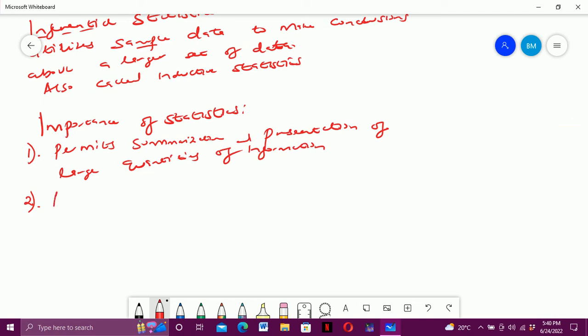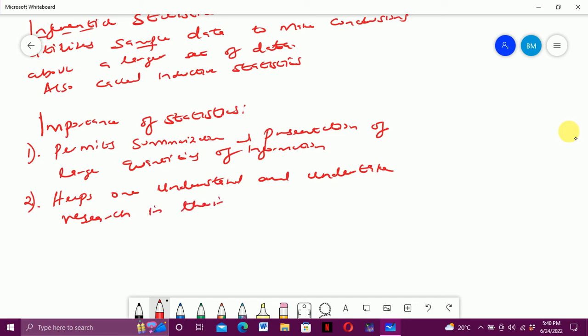Now, statistics also helps one understand and undertake research in their area of interest. So whatever your area of interest is, statistics will help you to undertake any research that you might want to get involved in.